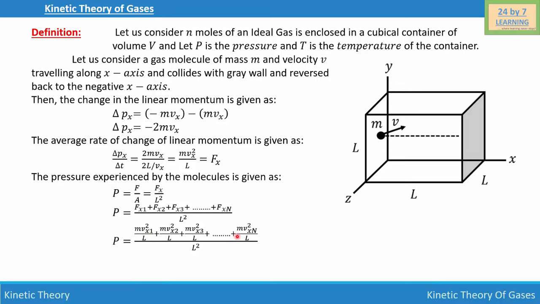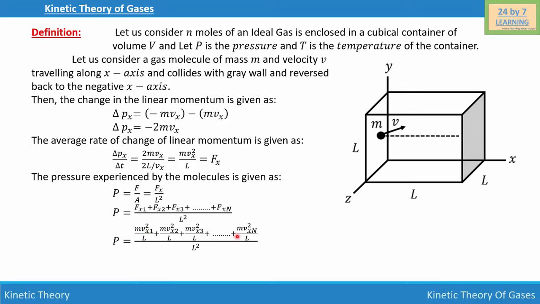If we simplify, we can take m over L common, and then L and L square give L cube. So our common term is m over L cube, and inside the bracket we have only the velocity terms left: vx1 square plus vx2 square plus vx3 square plus ... plus vxn square.